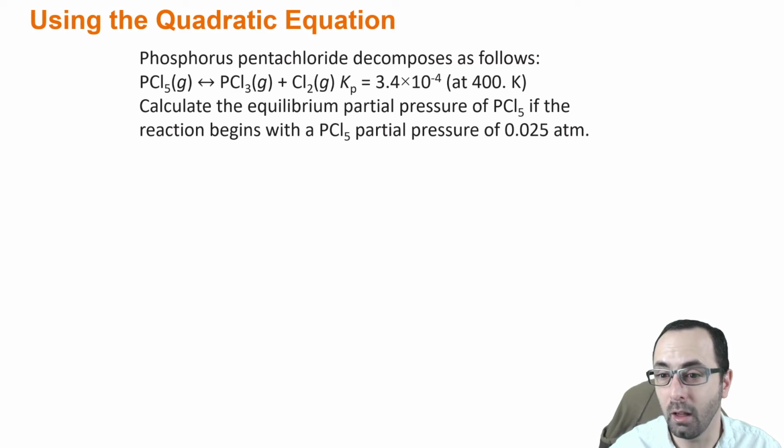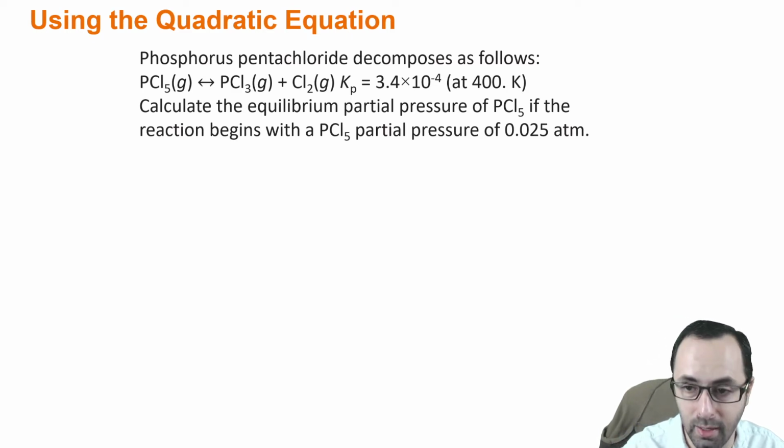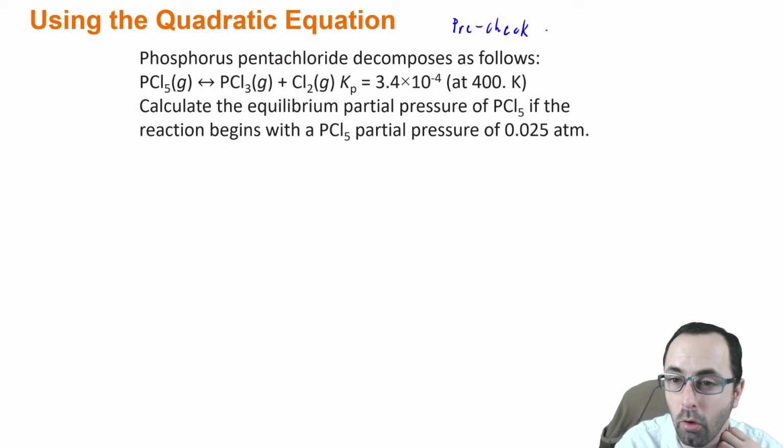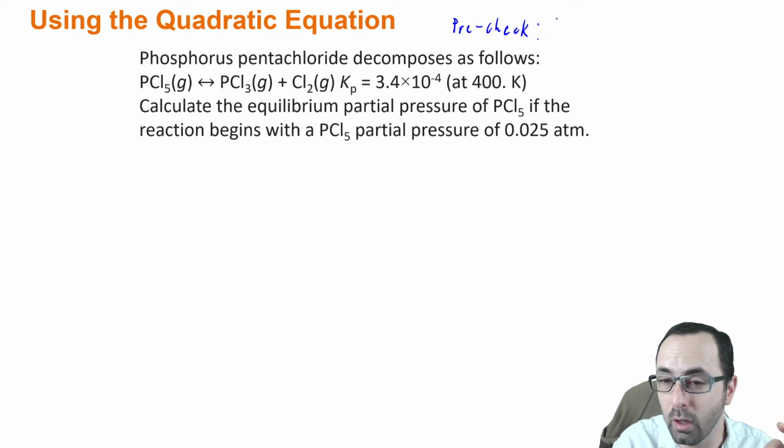In fact, I'll just go ahead and do our pre-check right now. I'll do it up here. I'm going to need all the room I can get on this slide. So for our pre-check, we want the initial concentration, or initial pressure in this case, over the K to be greater than 400.